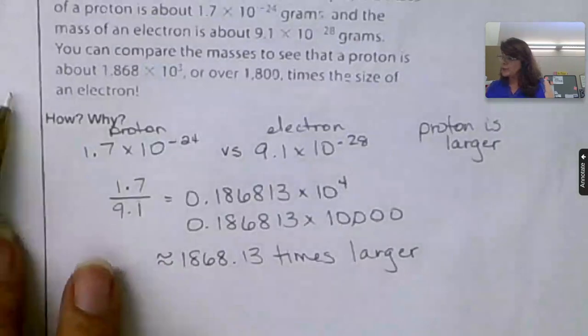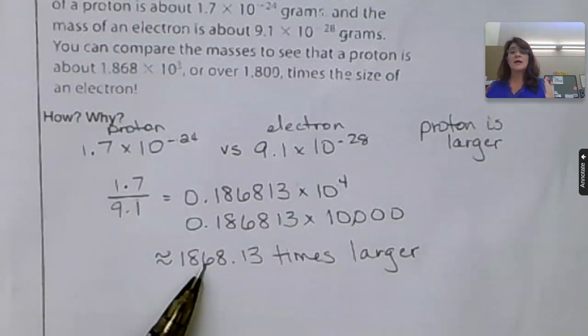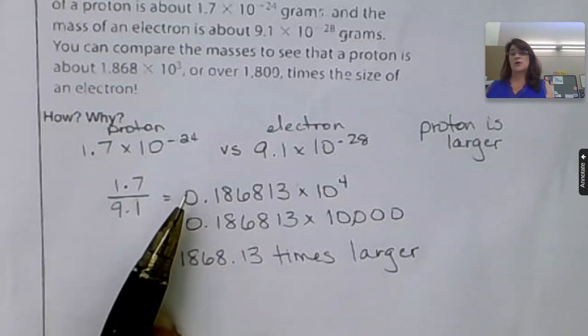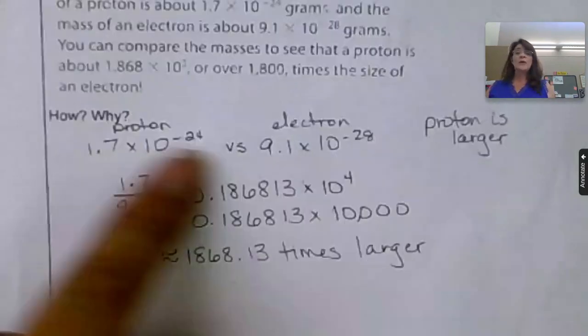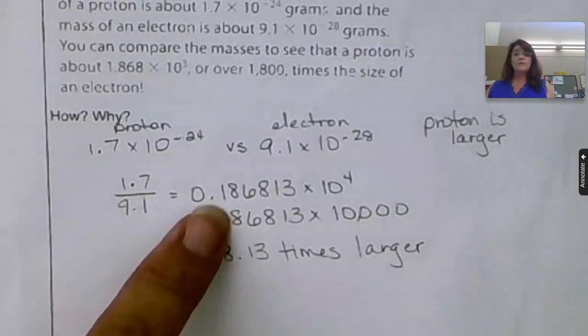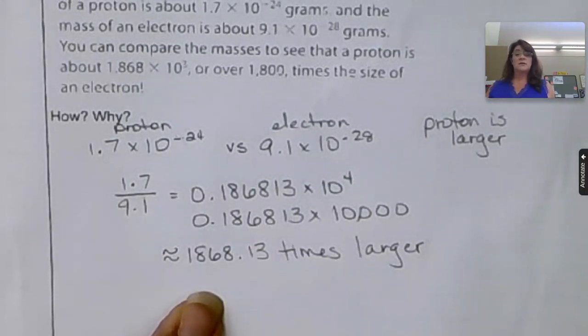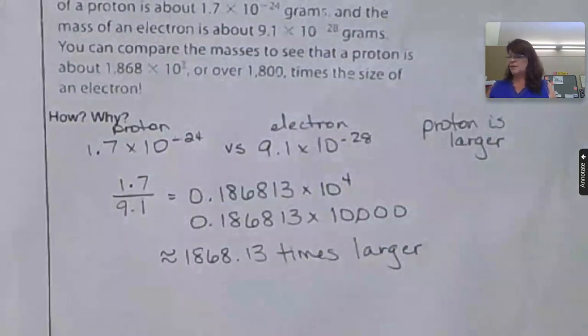So that is how we prove that a proton is over 1,800 times larger than an electron. This is the entire purpose of scientific notation. Things are so big or so small that the only good way to compare them is something like this. So there is one example.